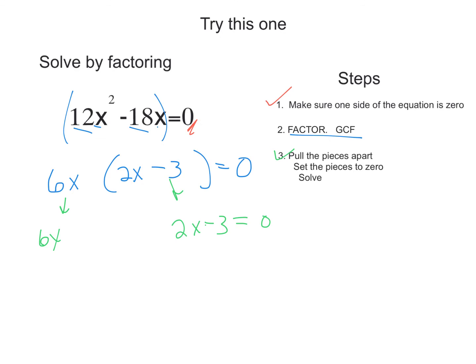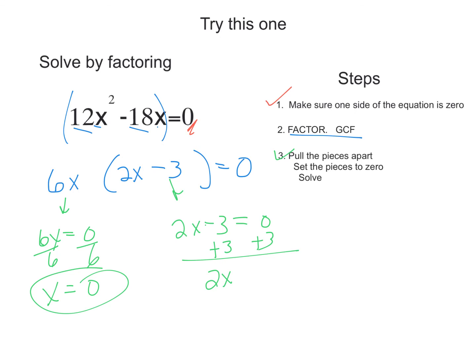Set them to 0. And solve this. Divide by 6. X is 0. Here, 2x minus 3 is 0, so we add 3's. So 2x equals 3. Divide by 2. So x is 3/2. So there's our solutions to this problem.